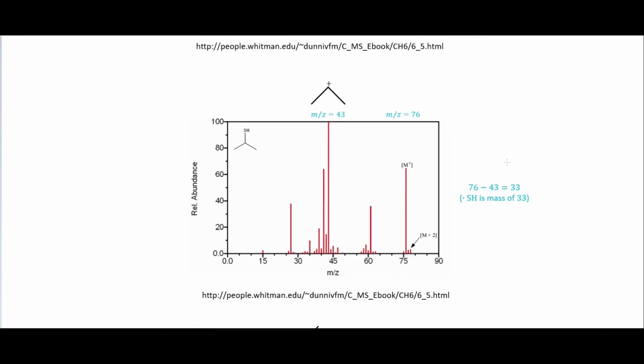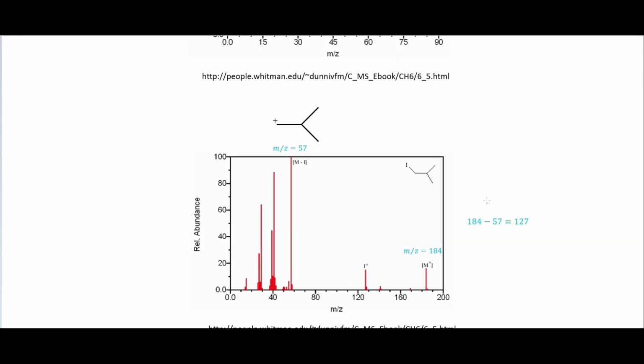Then we have here the sulfur example, where we just break off this sulfur right here so that we end up with this propane cation right here. We have our molecular ion, and then we have an M+2 right here that is about 4% the size of that molecular ion.